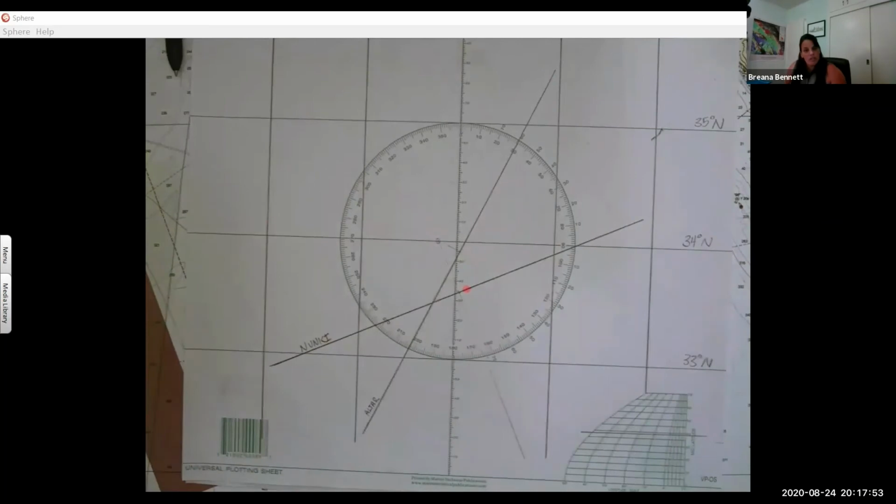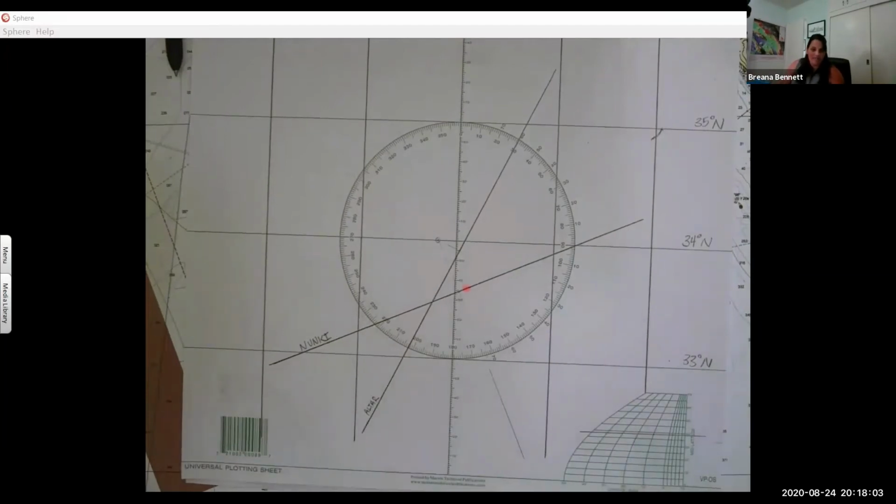So for me, that one goes right through our position. I put the pink dot on there to show us our actual position.